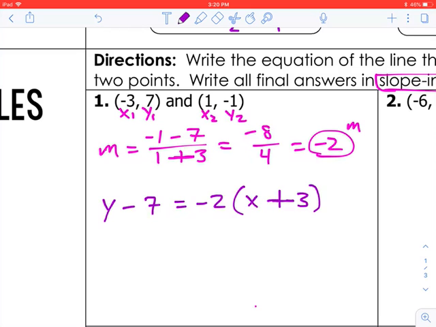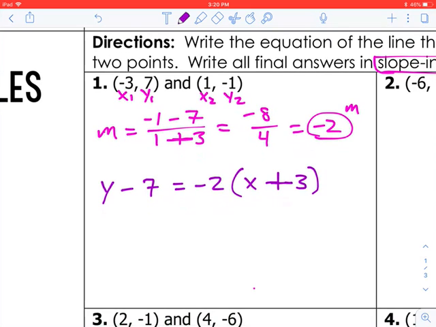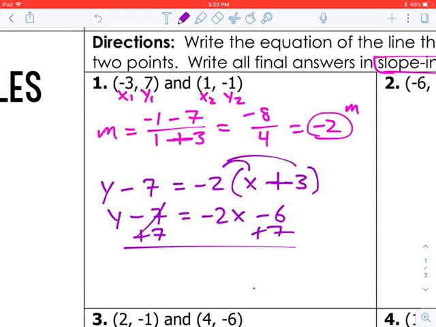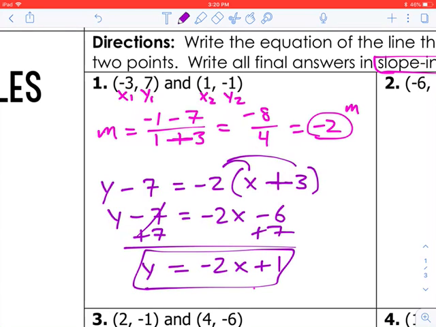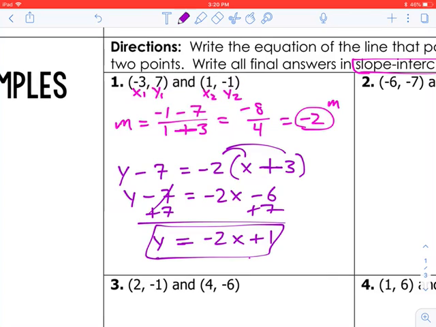I get negative 2 to distribute, and now I'm on my way to my answer. So y minus 7 equals negative 2 times x, negative 2 times 3 is negative 6, and then I add 7 to both sides to get my final answer, y equals negative 2x plus 1. And there we are.